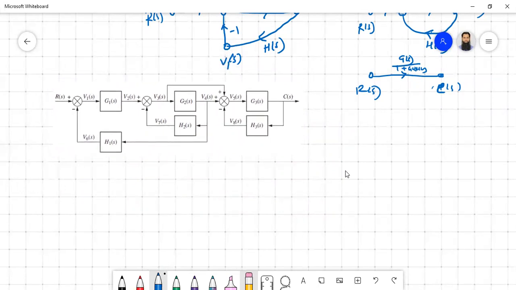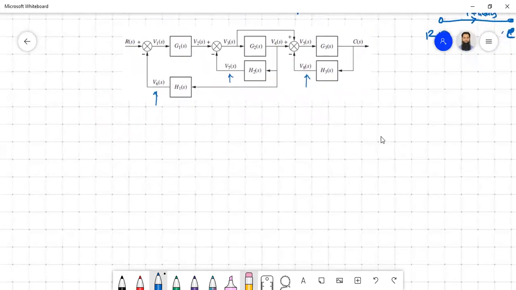As you can see, there is R1, V1, V2, V3, V4, V5. Then in the feedback you have V6, V7, V8. So let us try to plot all the nodes first.